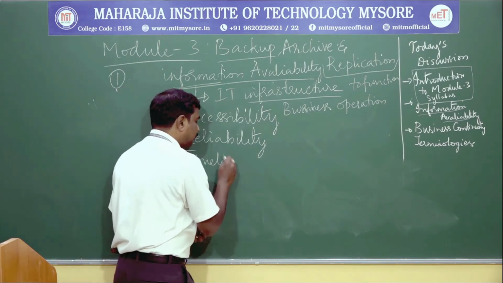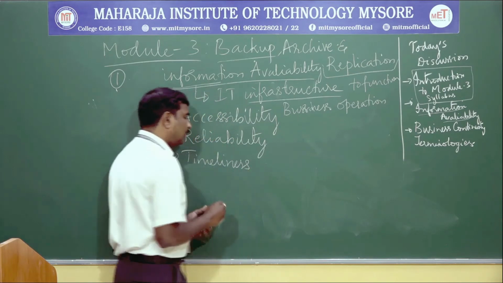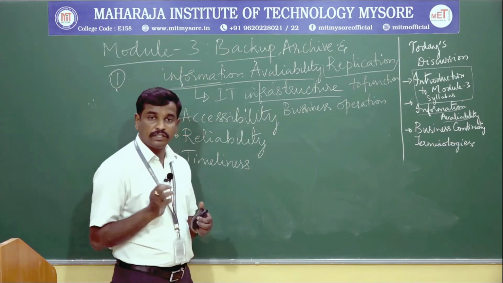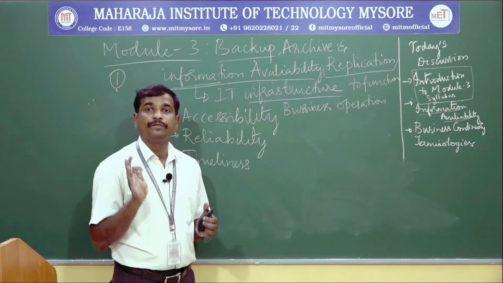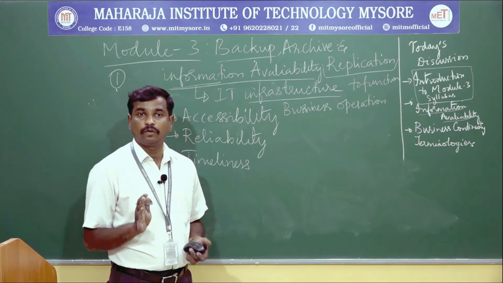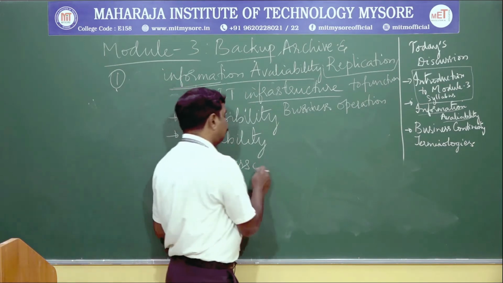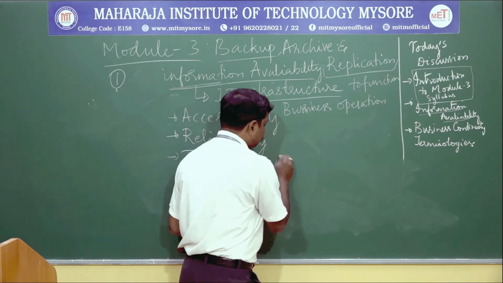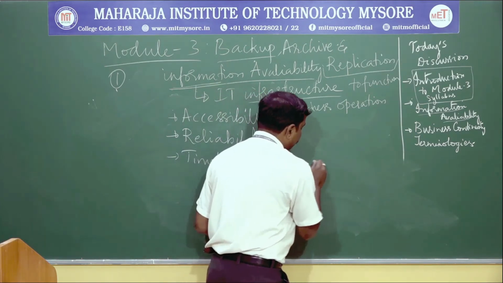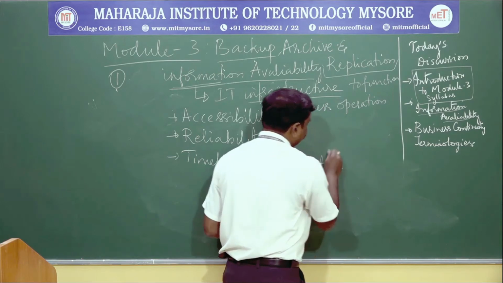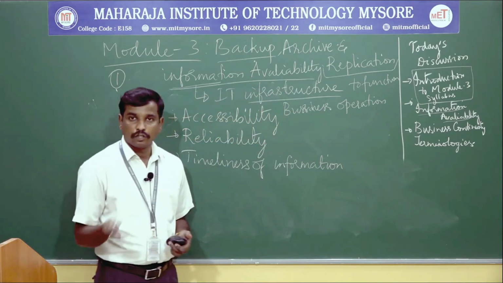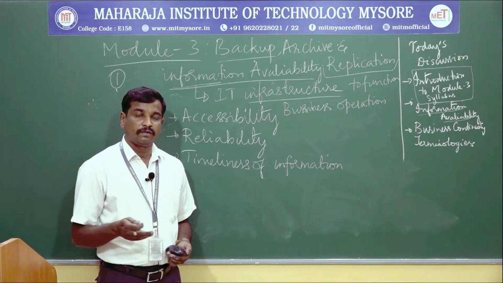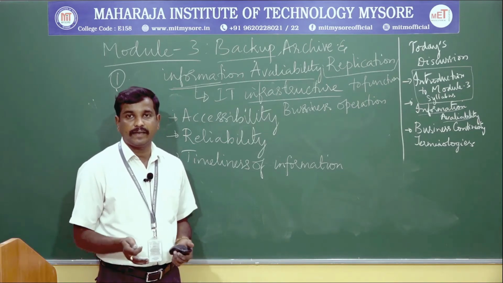What do you mean by timeliness? That means when the information is needed, that information has to be provided within the required time. We can't say that the information is available 24/7, but it will be available only after 24 hours, or after a day, or after a week.